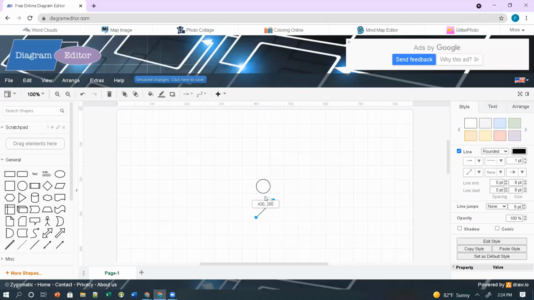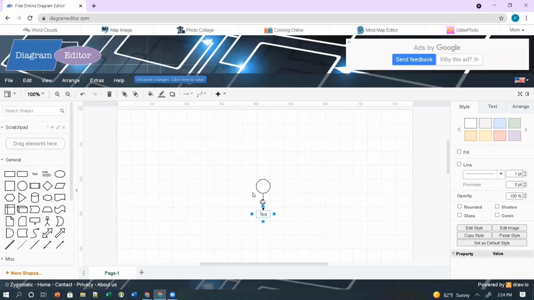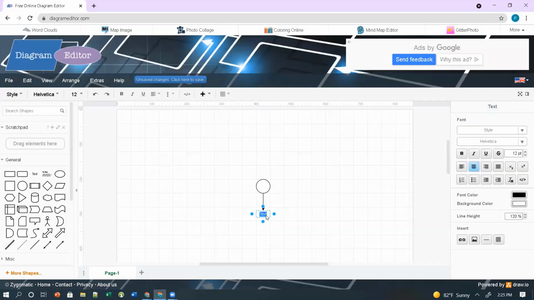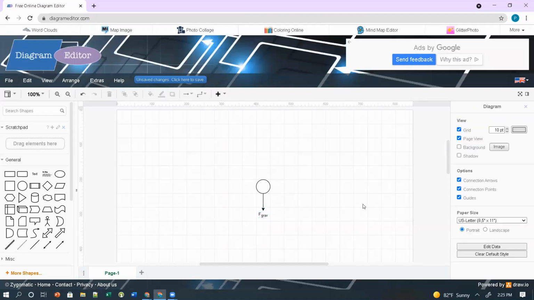So there is the force of gravity. And the force of gravity always points straight downwards, no matter if the ball is on an incline or an even surface, anything. The force of gravity is always straight down. So we will label that as force of gravity.